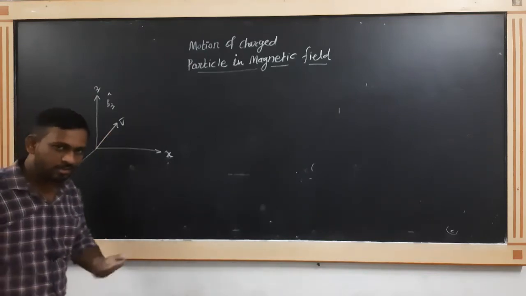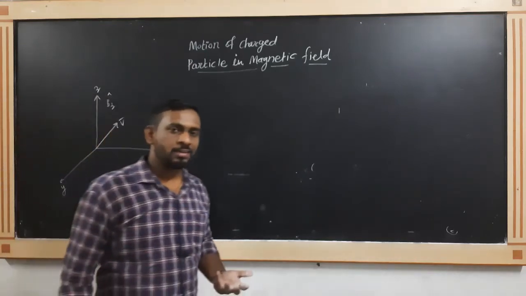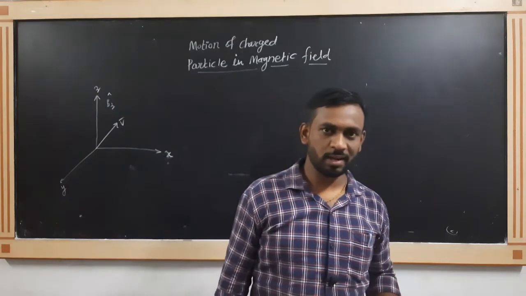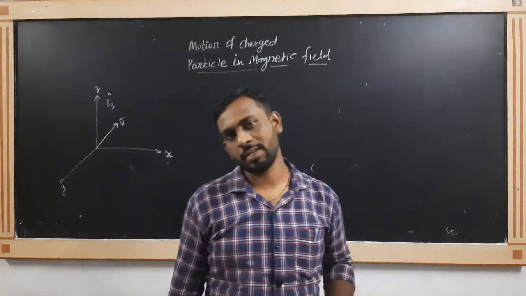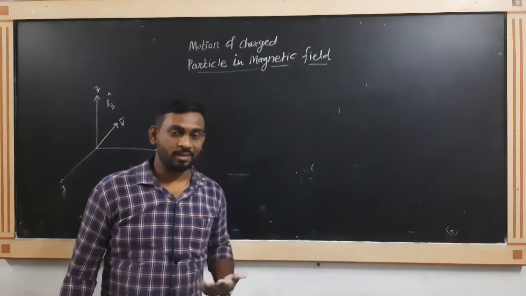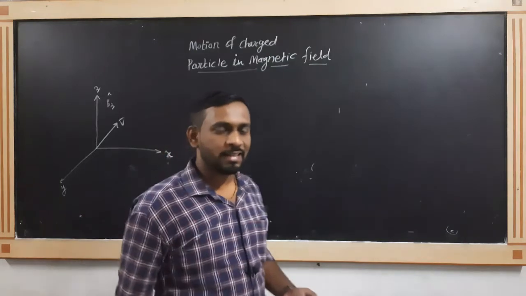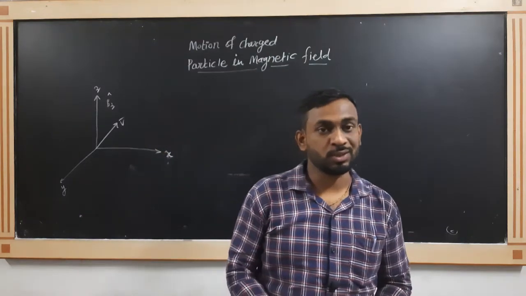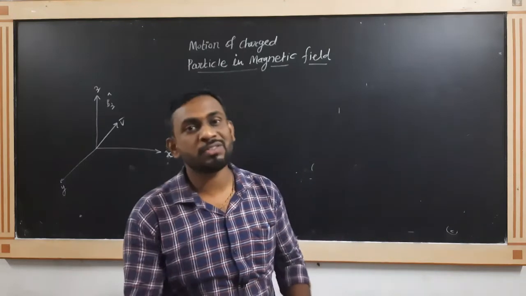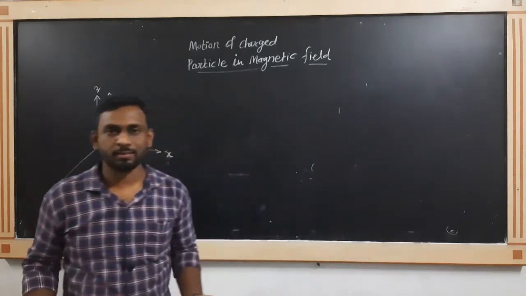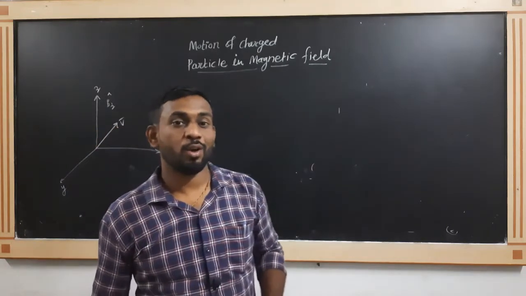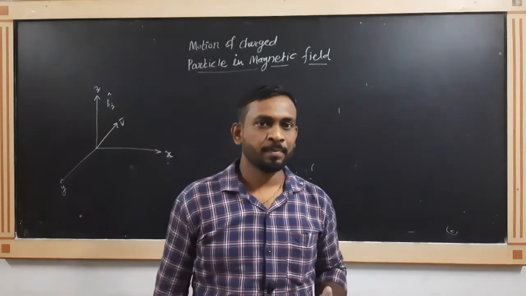We already discussed the parallel and the perpendicular magnetic field cases. But in this case, the angle between V and B is between 0 and 90, it may be any angle. So in such a case, what is the effect of the magnetic field on the motion of the charged particle?